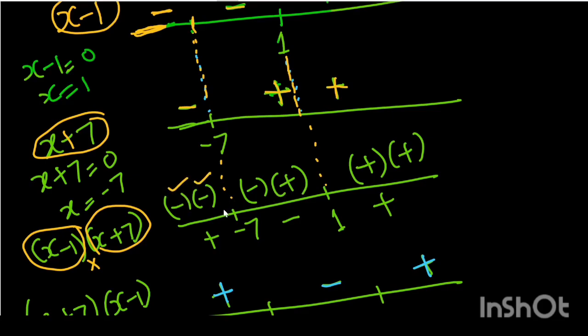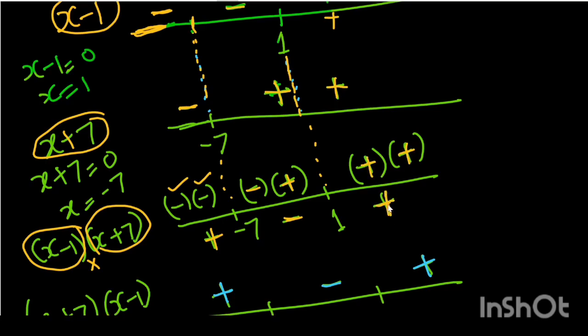Here it was minus, here it was minus, so minus into minus gave plus, okay. Similarly here it was minus, here it was plus, so minus into plus, we got minus. Here it was plus, above also it was plus, so plus into plus, we got plus sign.